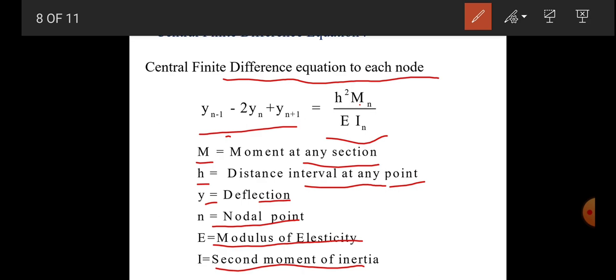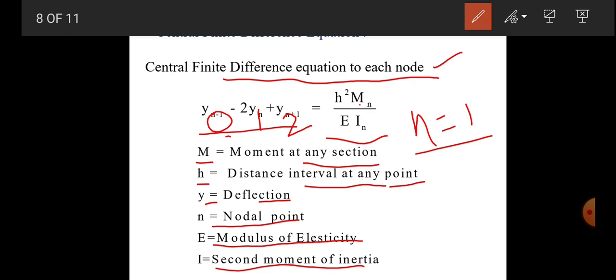So if we choose node 1 and apply the central finite difference equation, then instead of n we put 1. So n minus 1 becomes 0, and n plus 1 becomes 2.